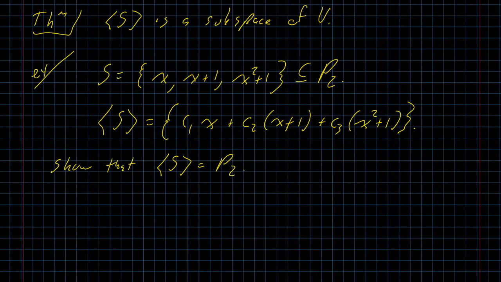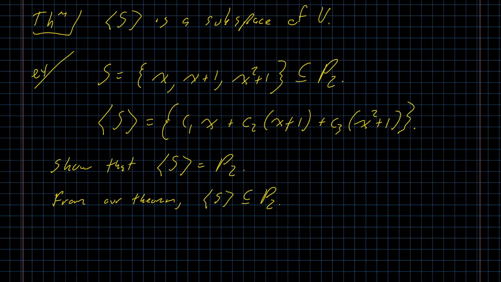To show that two sets are equal to each other, we use the process of subset inclusion. From our theorem, the span of this set is a subset of P2.